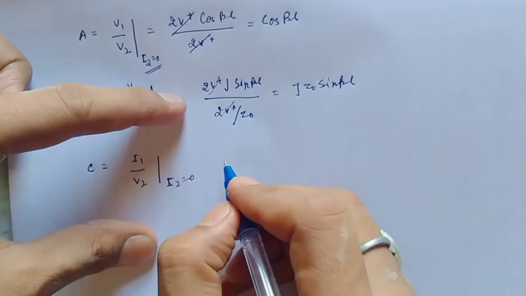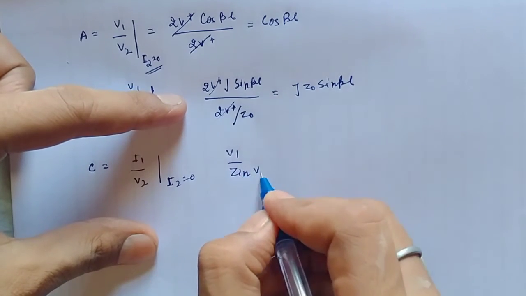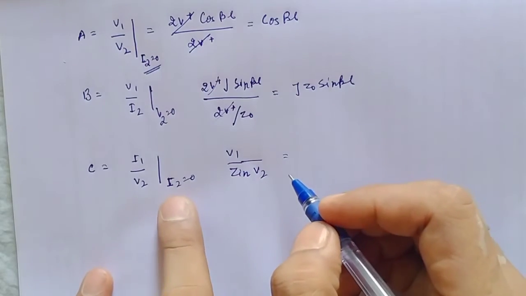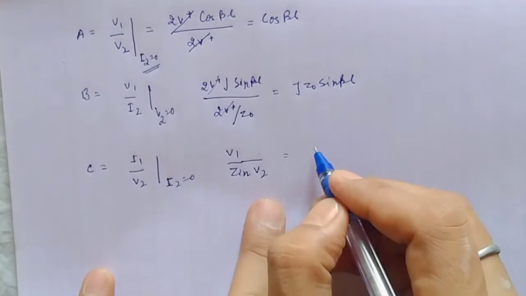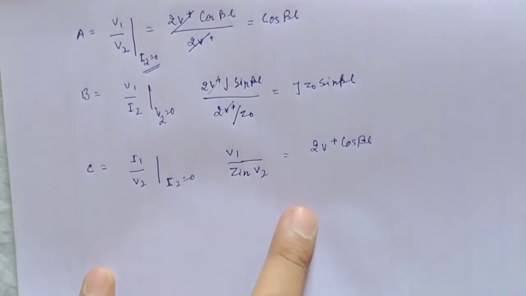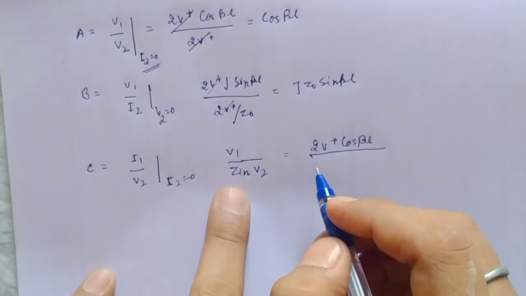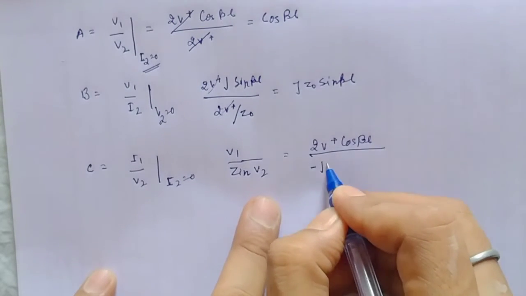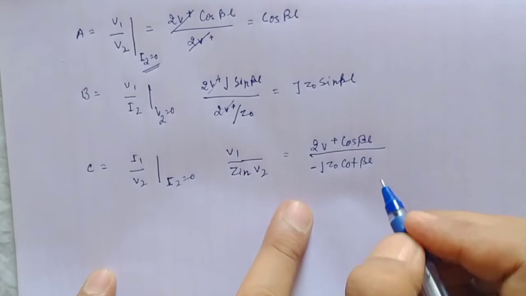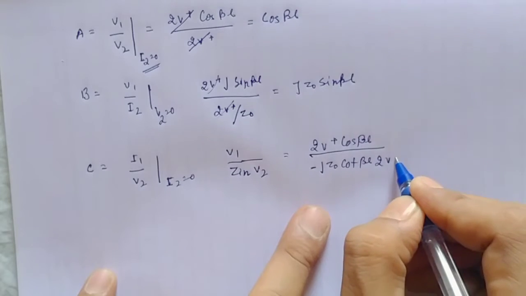I1 can be written as V1 by Zin, and V1, when I am making I2 0, will be 2V plus cos βL, and Zin for open circuit is given as minus jZ0 cot βL, and V2 is given as 2V plus.